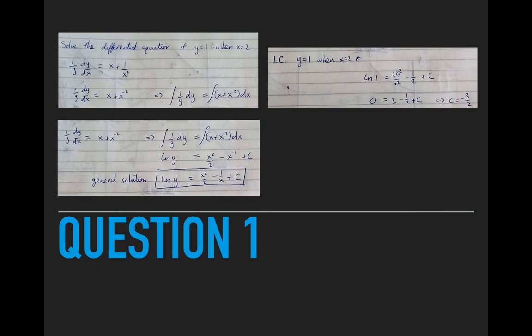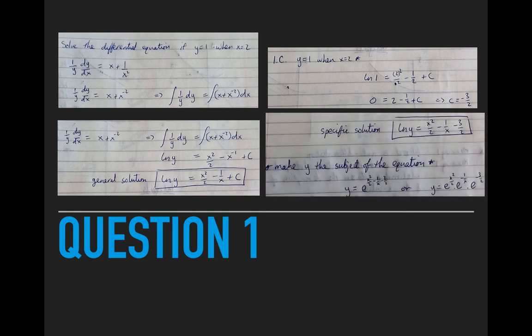Sub those into the general solution, I get c is equal to minus 3 over 2. And that means I get the natural log of y equals x squared over 2 minus 1 over x minus 3 over 2. That's my specific solution. And the last thing that I need to do is rewrite that to make y the subject of the equation. In other words, just have y on the left hand side. So when I rearrange that, I get y is equal to e to the power of all of that thing there. So that's example 1.